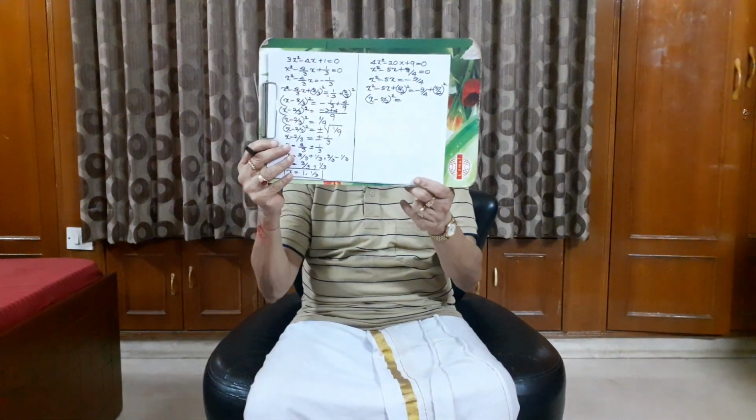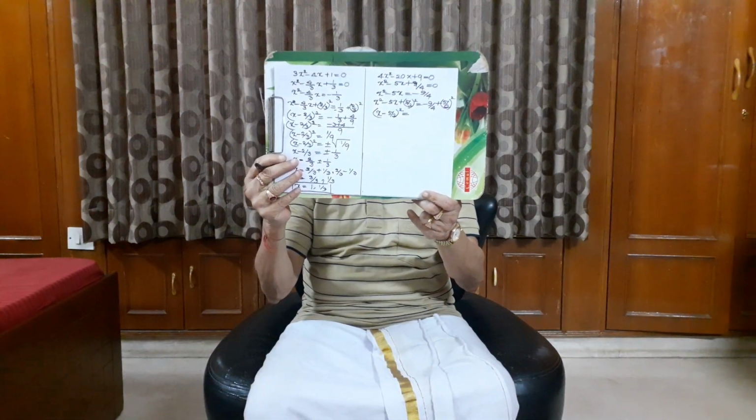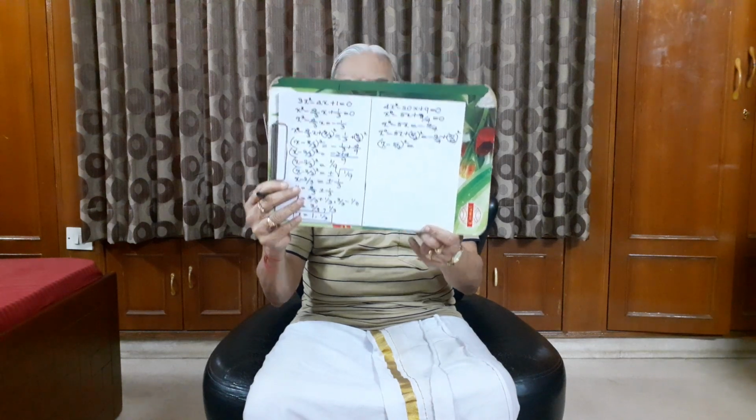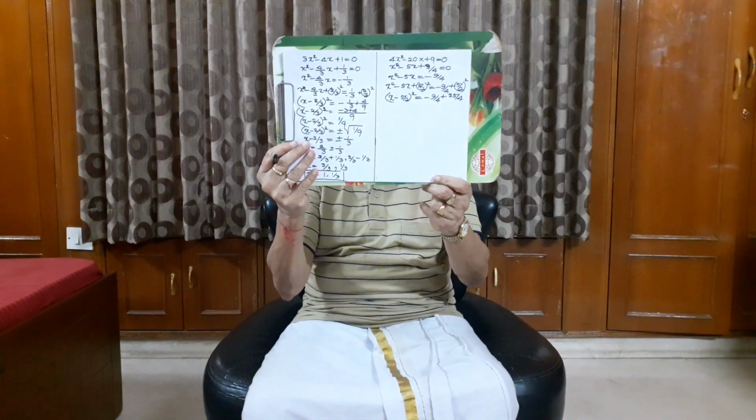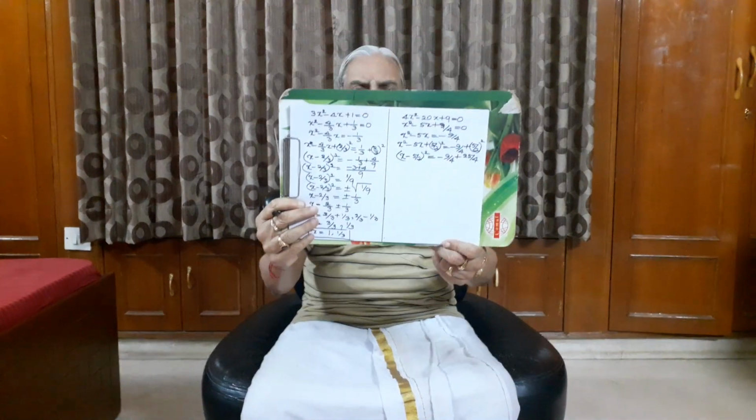It is the expansion of x minus 5 by 2 the whole square. That is equal to, once again, minus 9 by 4, you write it as it is, plus what is 5 by 2 the whole square? 25 by 4. See that?